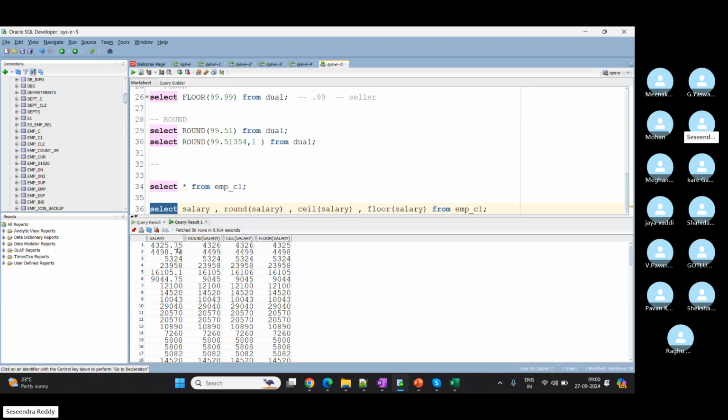Now you can notice the difference. 2575, round, it is near to the highest value, so it round figures to the highest. Ceil, we know, always round figures to the highest value, and when it comes to floor, it always prefers the lowest value to round figure. You see, 99, 99, 98. Where can we see below 50%? Do you see anything below 50%?